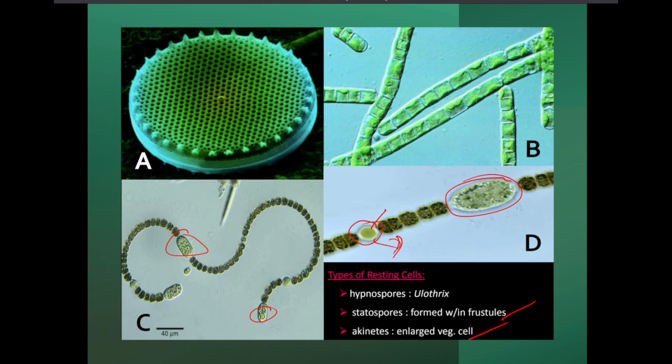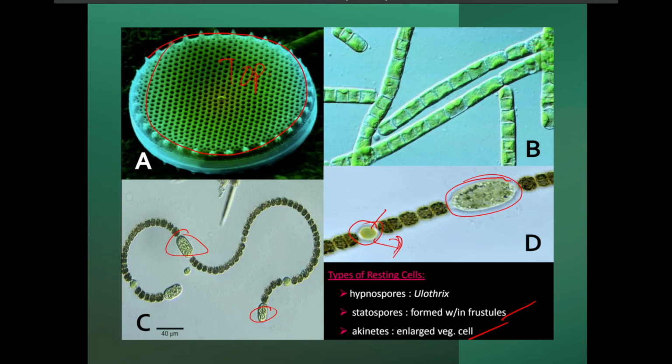Your statospores are for organisms that have frustules, usually your dinoflagellates or your diatoms. For the centric diatoms, for example, this is what we call the frustules. This is the top view of the diatoms.